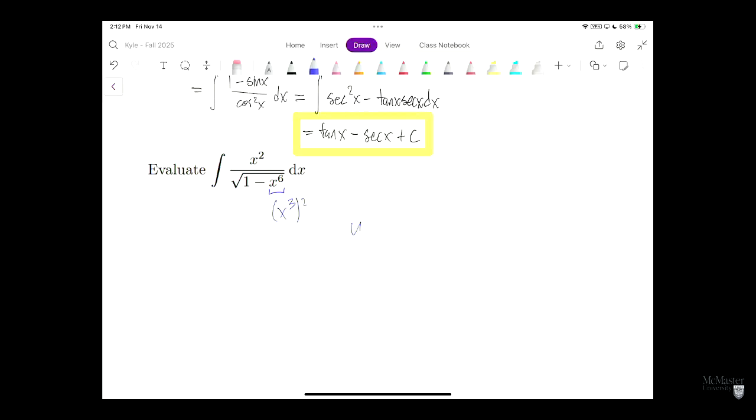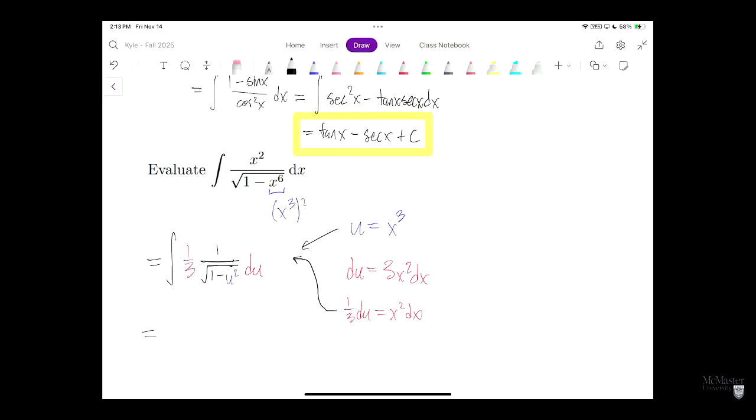So if we set u equal to x cubed, then we have du is equal to 3x squared dx. So 1/3 du is equal to x squared dx. So now we can sub this back into our integral. This gives us the integral of 1/3 du. We have 1 in our numerator, and then we have this root of 1 minus u squared.